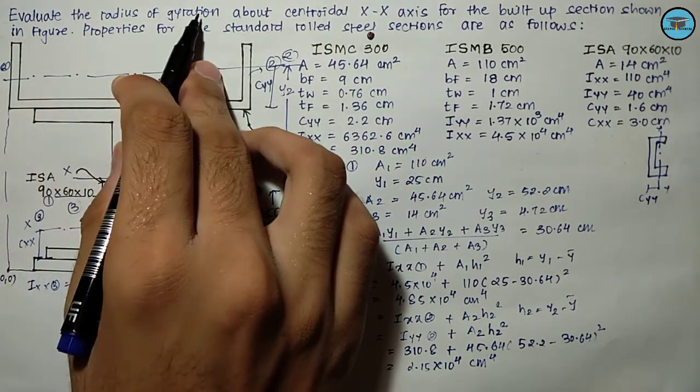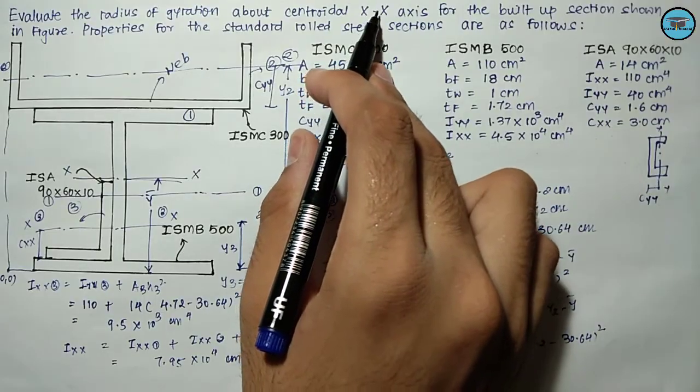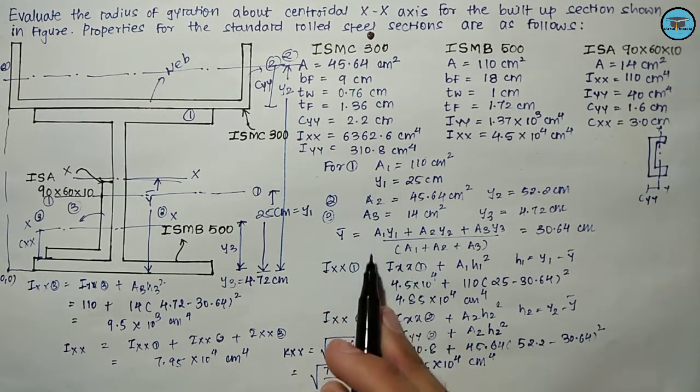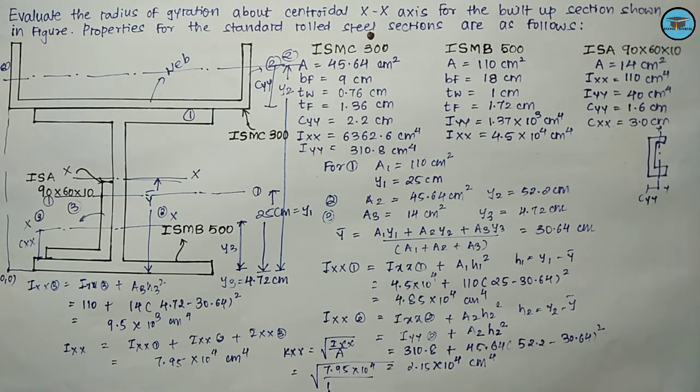But we need to determine the radius of gyration about the centroidal x-axis, and we know the relation between the moment of inertia and the radius of gyration is kxx is nothing but under root of Ixx divided by area. Ixx that we have determined as 7.95 into 10 raised to 4, so 7.95 into 10 raised to 4 divided by total area, that is A1 plus A2 plus A3, and it is nothing but 110 plus 45.64 plus 14.